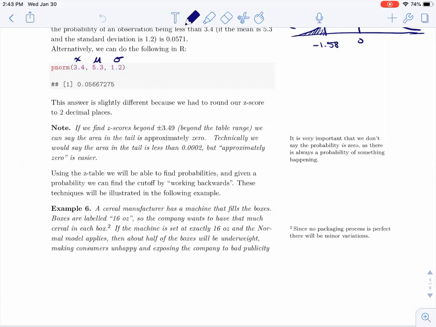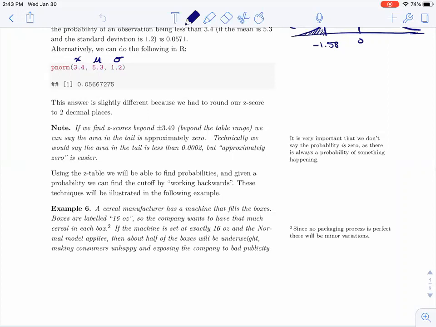For example, the grades had a mean of this and a standard deviation of this. What grades were in the top 10%, for example? Bottom 20%, that kind of thing. Now I'm giving you a probability, or a percentage or a proportion, and you can work backwards to find the value of x that makes that happen.